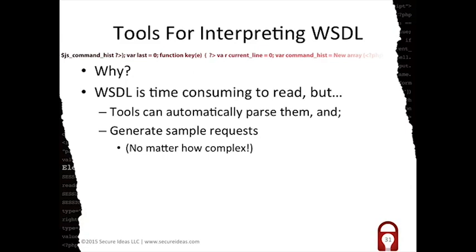Okay, so we have our intercepting proxy. We need some way of figuring out, when we look at a WSDL, what sort of functions are available and potentially sending some of those. There are a number of different tools that can do this.